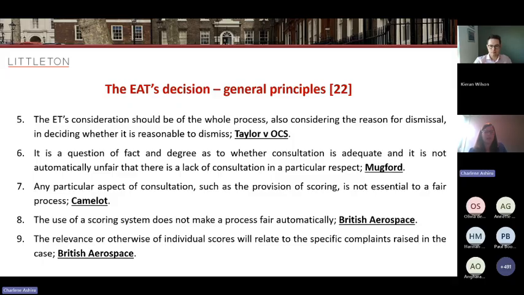The use of a scoring system does not necessarily make a process automatically fair, but the relevance of individual scores will relate to the specific complaints raised in the case. So there we see the reference to British Aerospace and Green. So far, so good, save for potentially the point about British Aerospace and Green.